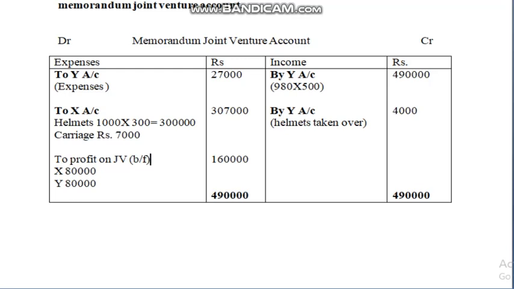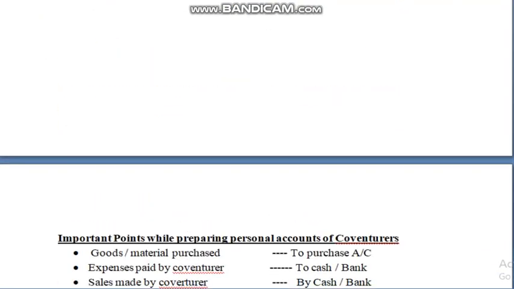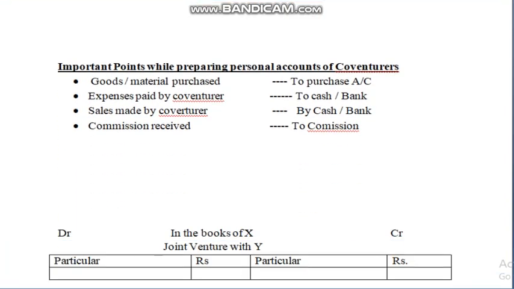With the help of memorandum joint venture account, here we have to prepare the personal accounts of Mr. X and also the personal account of Mr. Y. First prepare the personal account of Mr. X. So while preparing the personal account, keep these points in your mind.